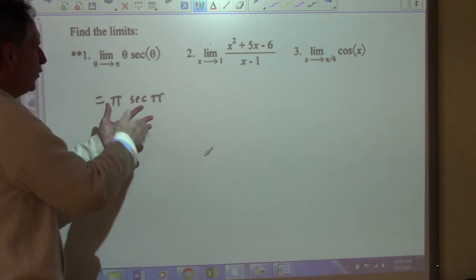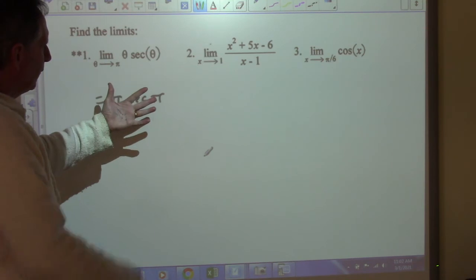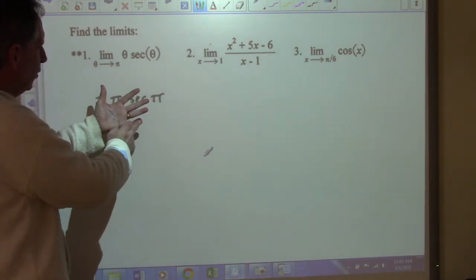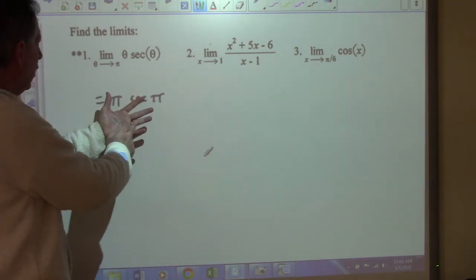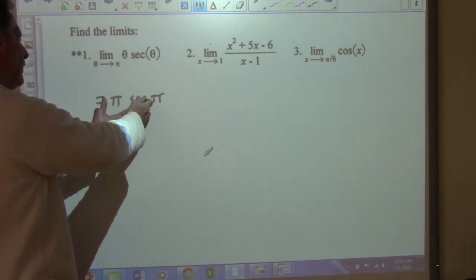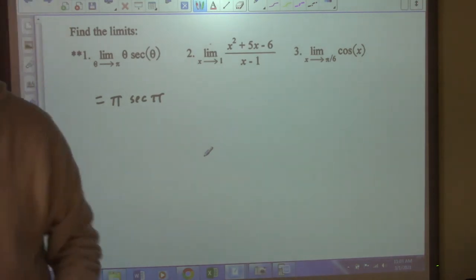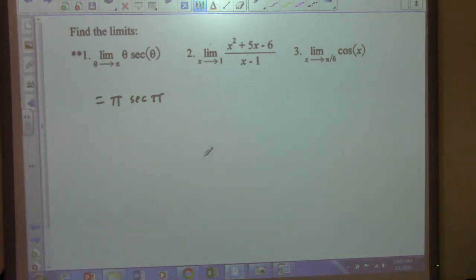Here you have cosine of pi, that's going to be negative 1. So we should get negative pi for that.